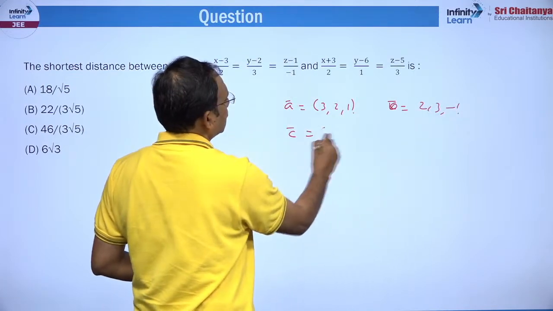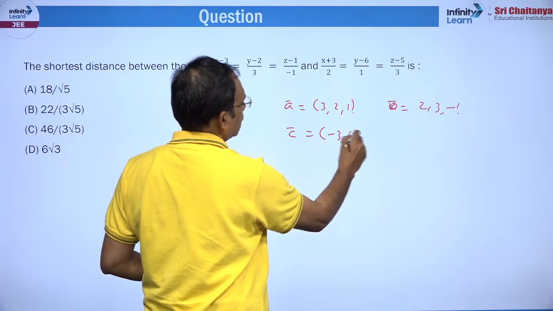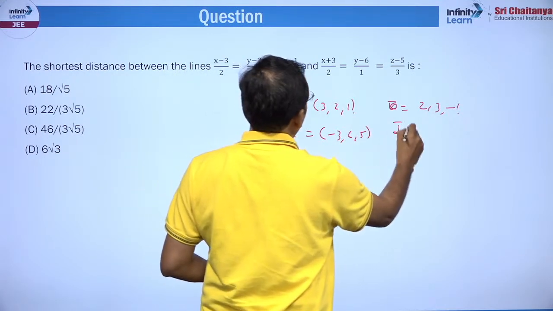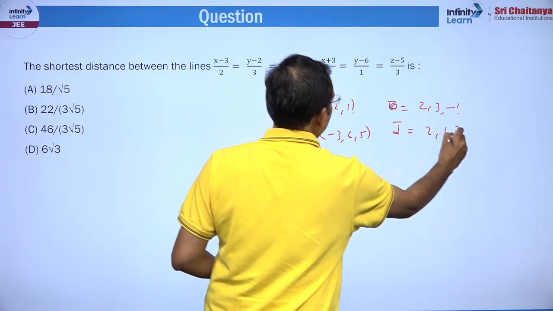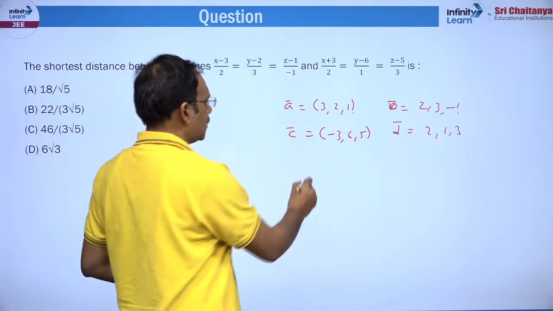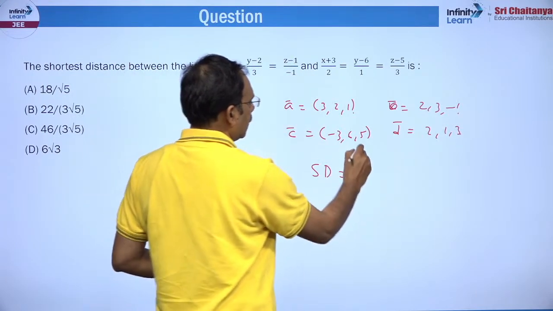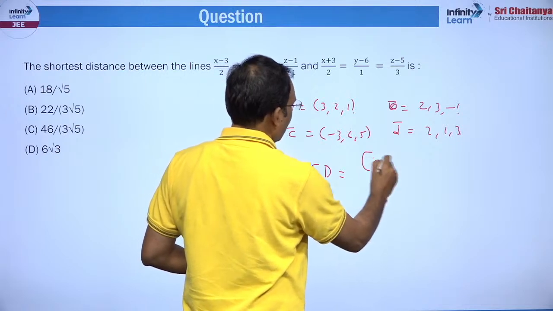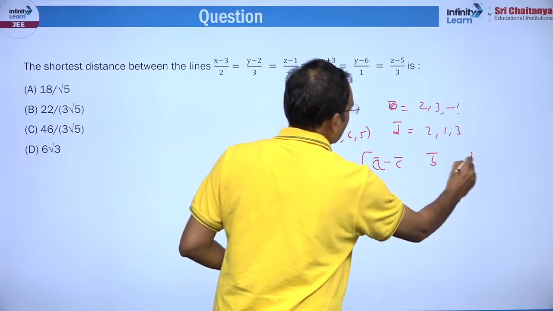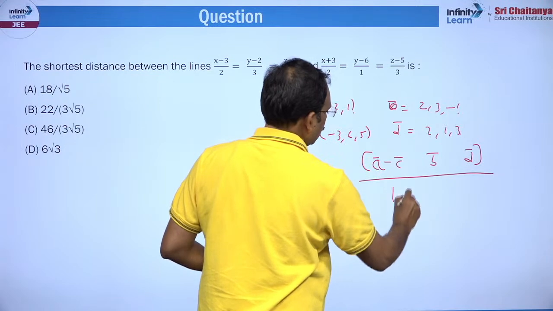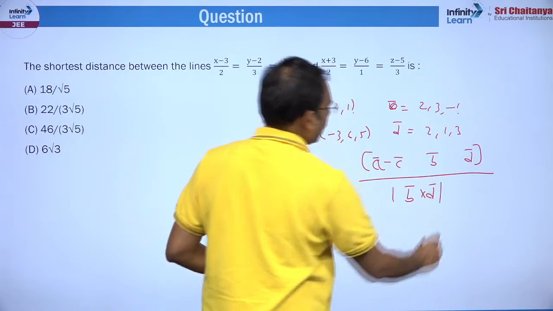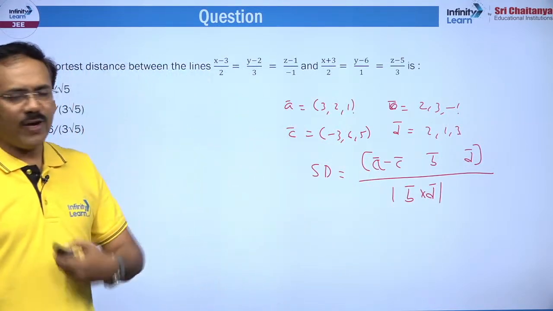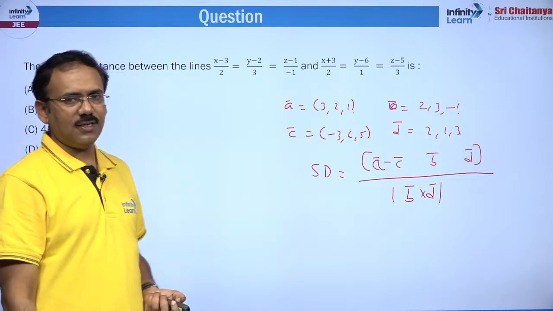Here c bar is the second point, minus 3, 6, 5 and d bar is nothing but the drs 2, 1, 3. What is the formula for shortest distance of two lines? Box of a bar minus c bar, b bar, d bar by magnitude of b cross d. That is it. You just apply the formula, you will get the answer. Very standard and routine question, right?